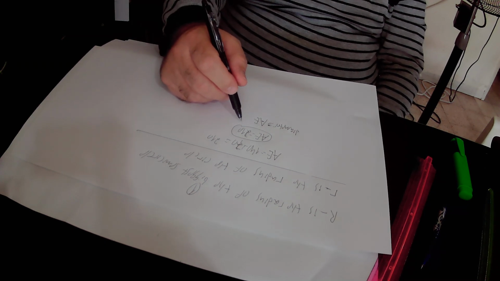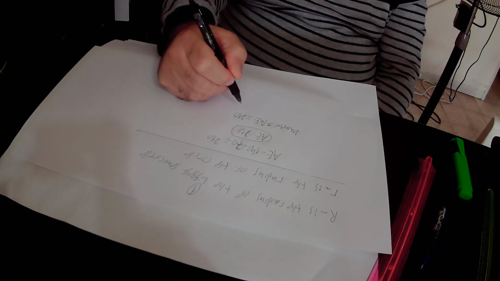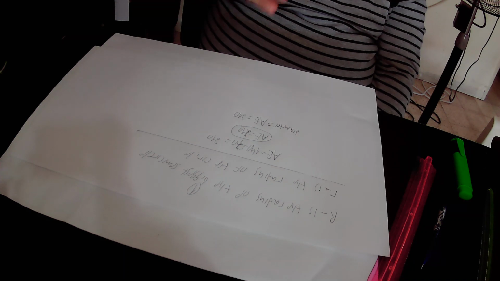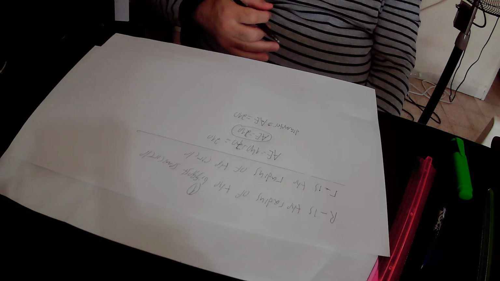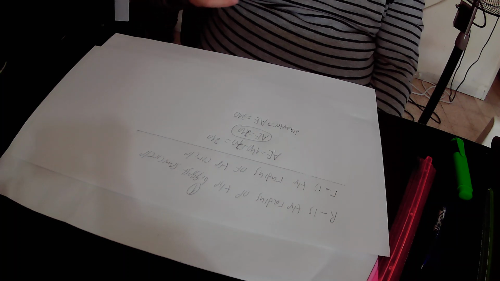And we just found that AE equals 210 units in length. Because the radius of the biggest semicircle equals capital R, the diameter must be twice the radius.